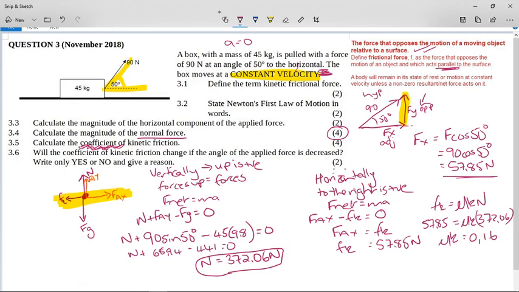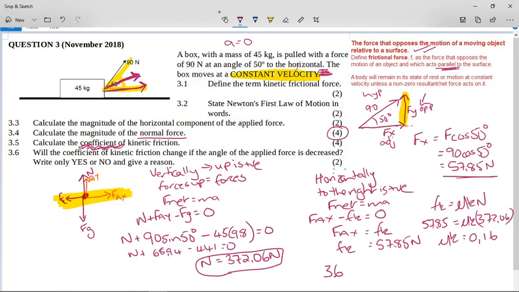Now the last part of the question says, will the coefficient, they're not asking you about the force of friction, they're asking you about the coefficient of friction. Will the coefficient of kinetic friction change if the angle of the applied force is decreased? So they mean, what happens if we put the force in here lower, like that, or perhaps like that?